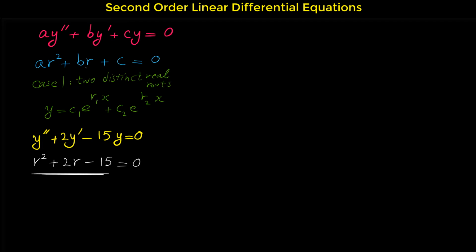For solving this quadratic equation, you can use the quadratic formula, or if it is easy for you, you can find r by factoring. Because factoring this expression is really easy, it's better to factor this instead of using the quadratic formula.